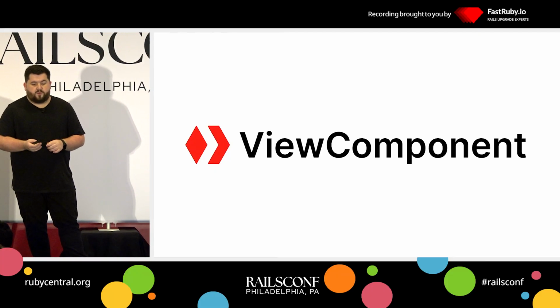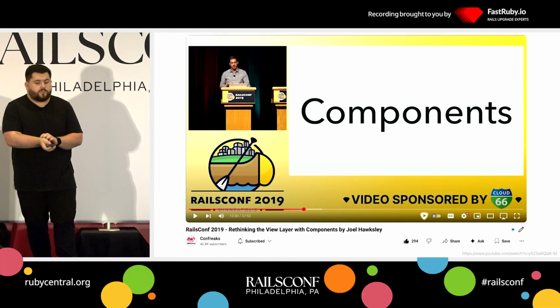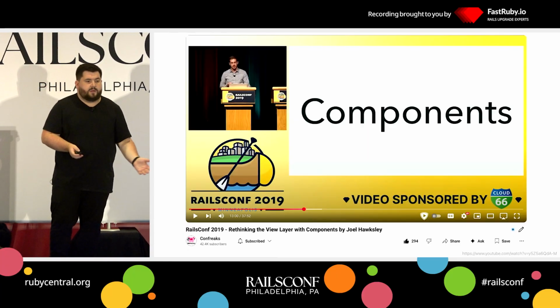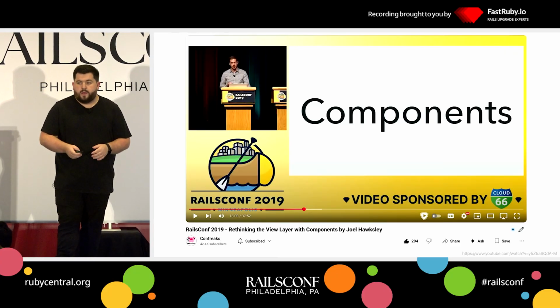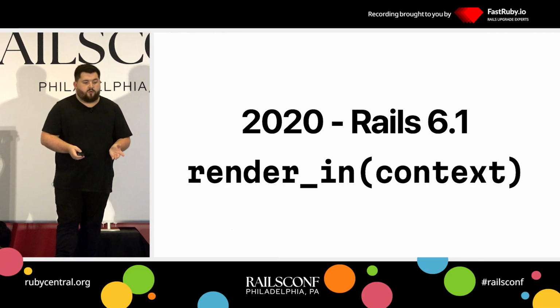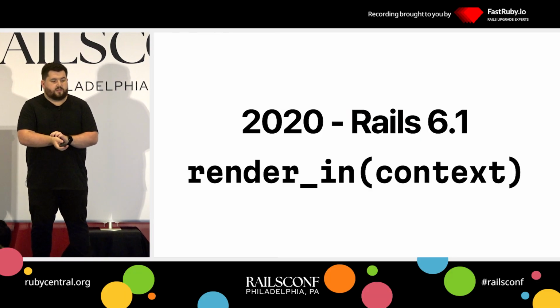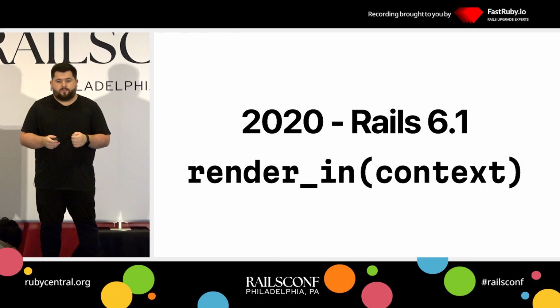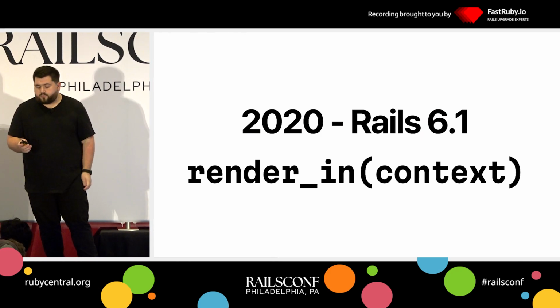Joel was talking about this in his talk at RailsConf 2019, explaining why this is needed, why it makes sense, what it improves, and what the issues are with Action View. Action View Component didn't make it into Rails, but we got this render_in API that's actually useful for giving any class or any object the possibility to be rendered by Rails.